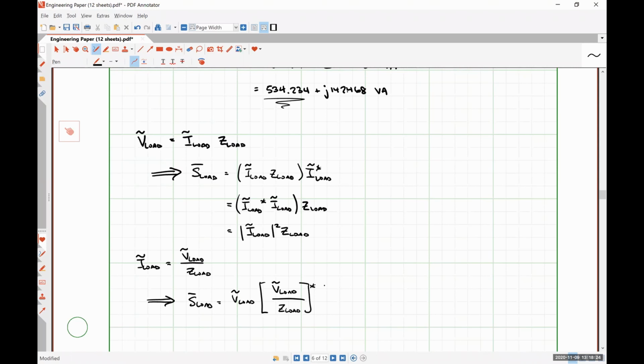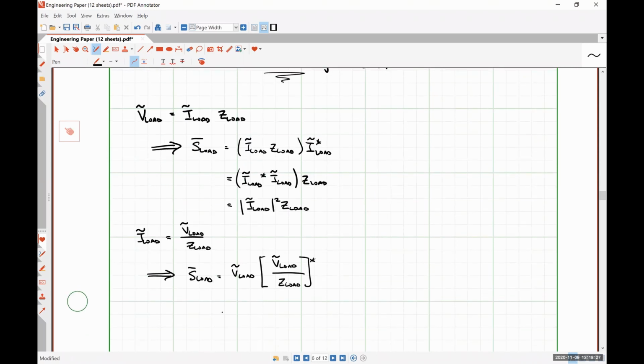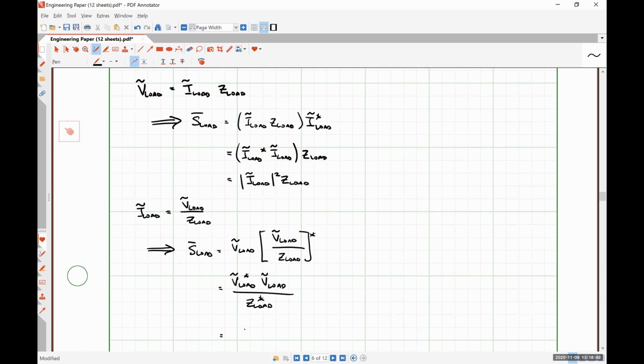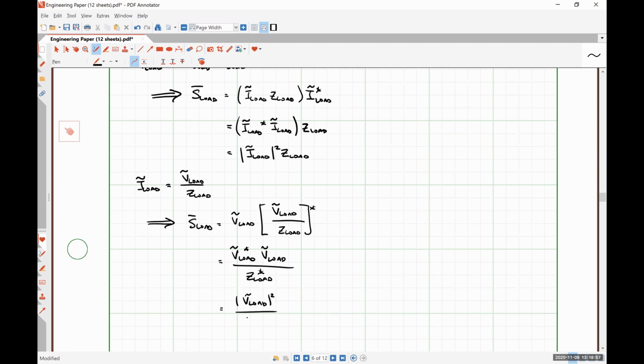We conjugate this whole thing, which simply becomes V load conjugate times V load divided by Z load conjugate. And when we conjugate that fraction, we have to conjugate both the numerator and the denominator. And then this is the magnitude of V load quantity squared divided by the conjugate of our impedance.